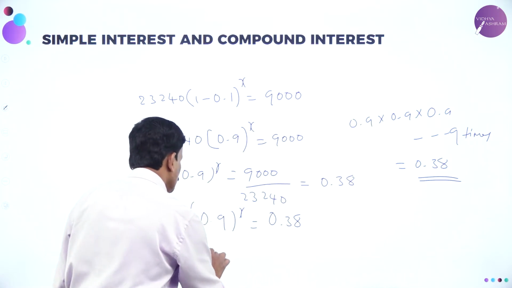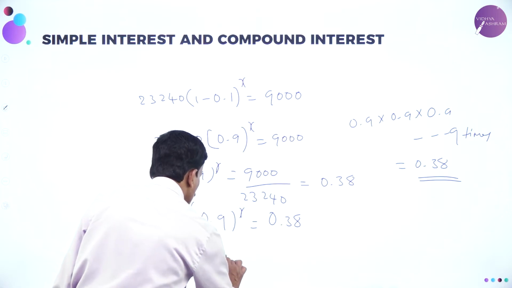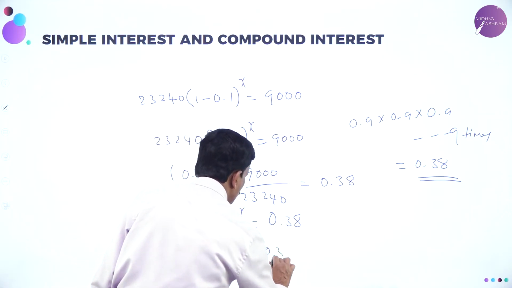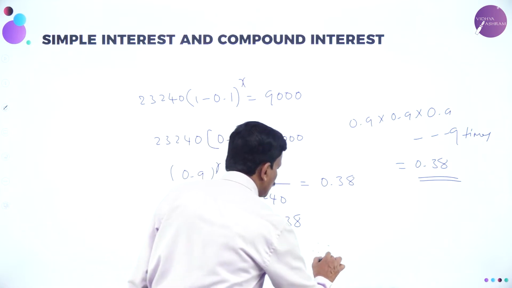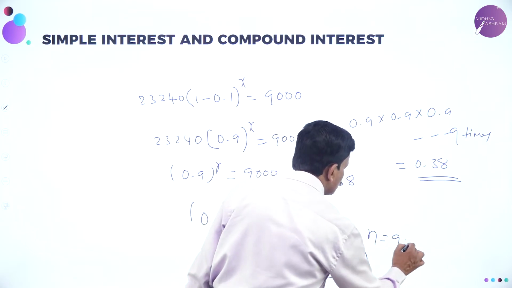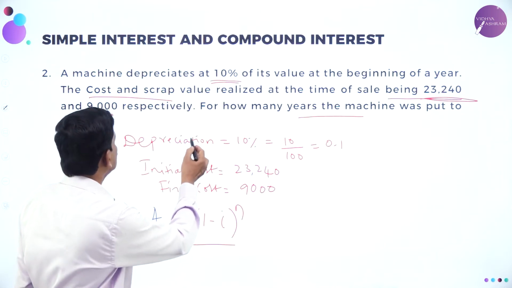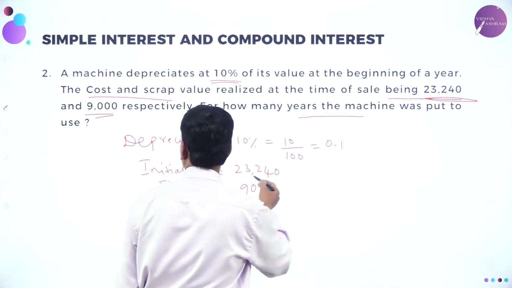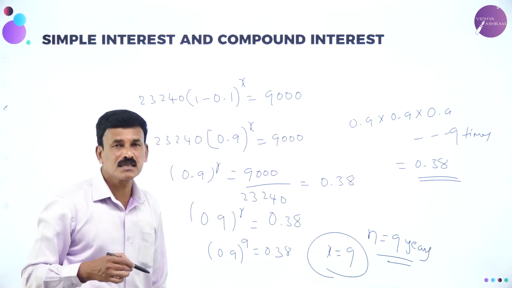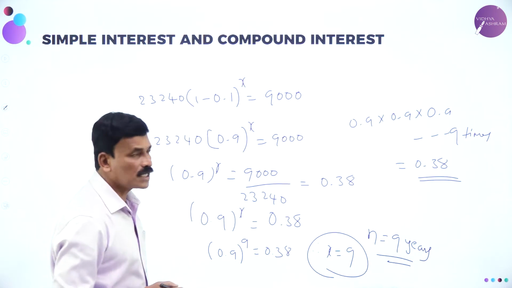So therefore we can write 0.9 to the power of 9 is equal to 0.38. Therefore the value of X is equal to 9 years, or we can say N is equal to 9 years. So the machine was put to use for 9 years. This is the required answer.